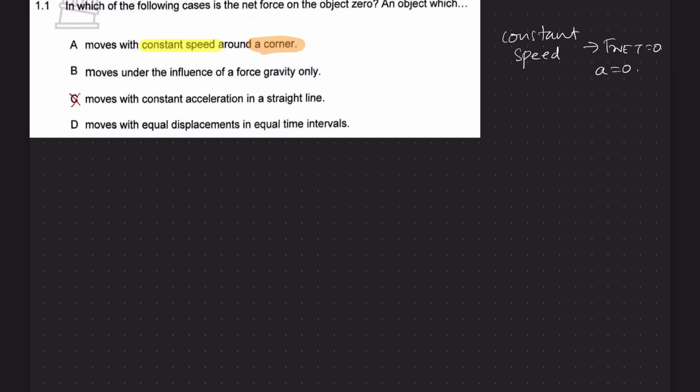Because if an object is moving around a corner, the direction is constantly changing. And since the direction constantly changes, the person in the car, or the object in this case, will experience a resultant force. So A is out.